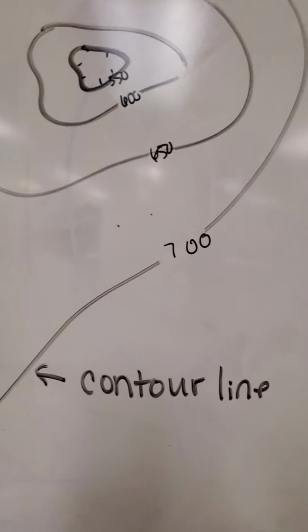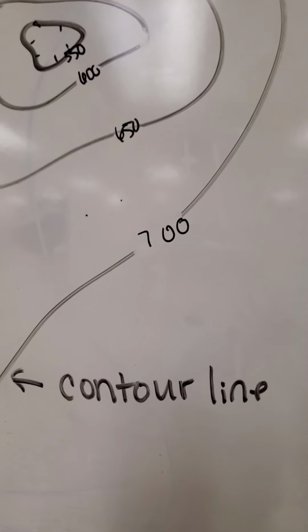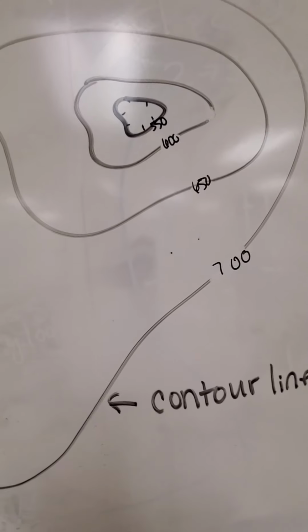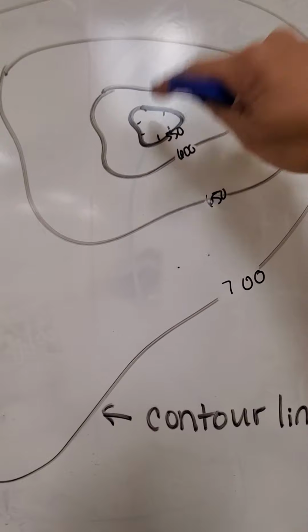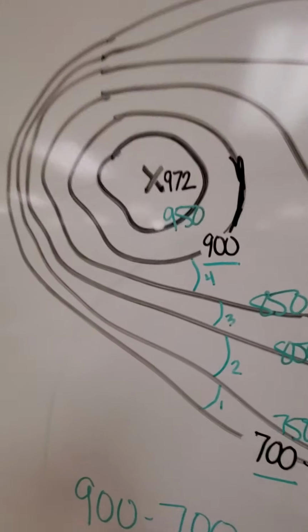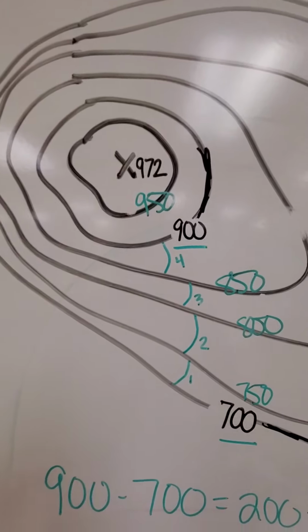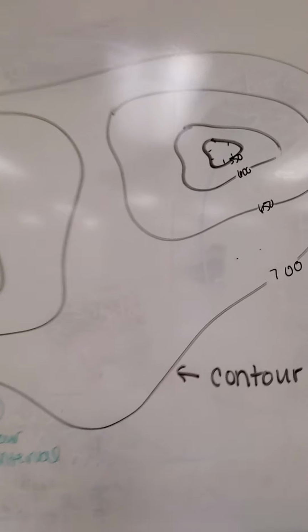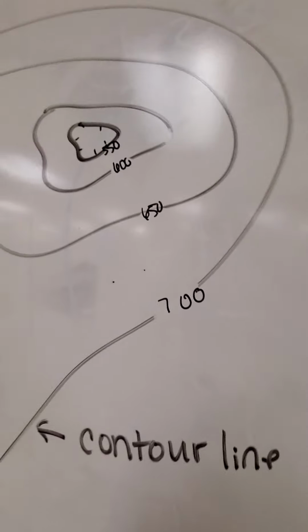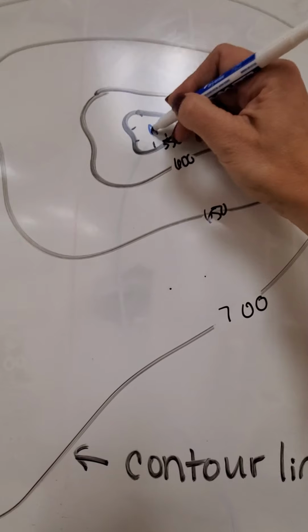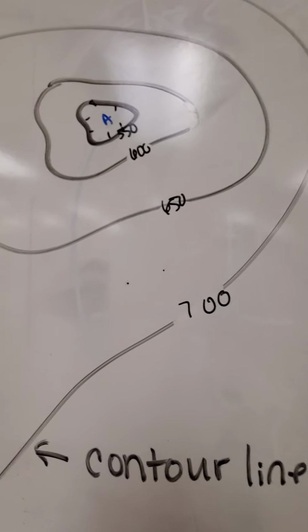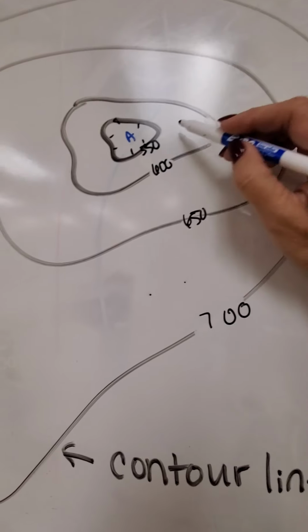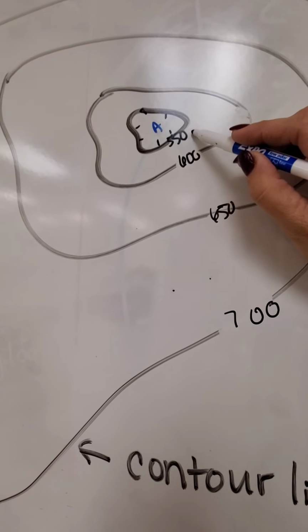But the key is, and this is going to be a tricky one, what is the exact elevation right here in the middle? This spot elevation tells you the exact number. But on this side, it doesn't. It leaves it open. So if I was to ask you, what is the elevation of point A? Okay, we know it's greater than 550.